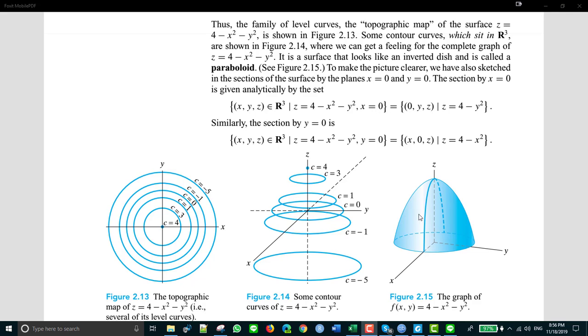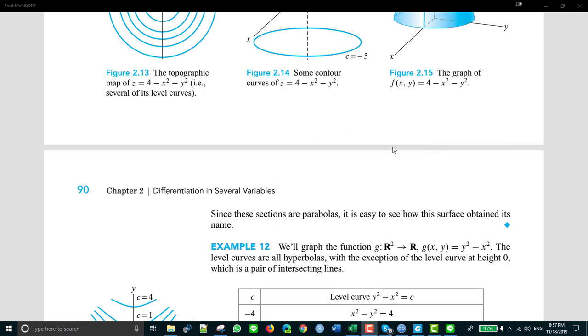We'd be talking about this plane, but it's not showing. And this one looks like this plane. But anyway, it would be the set of points (0, y, z) such that z equals 4 minus y squared, because when you put in x equals 0, you get that. You get this. Okay, and this one as well.